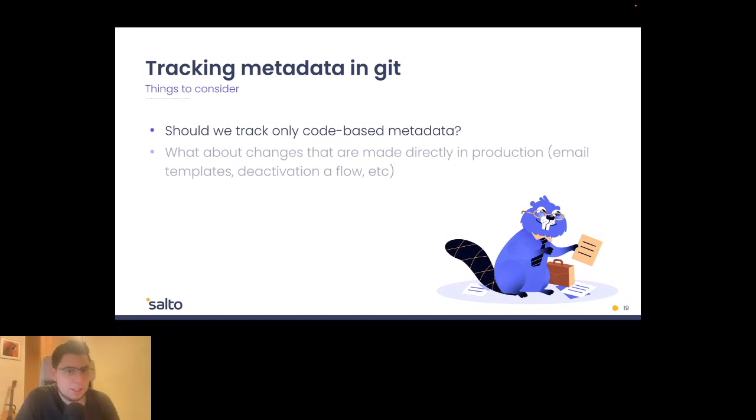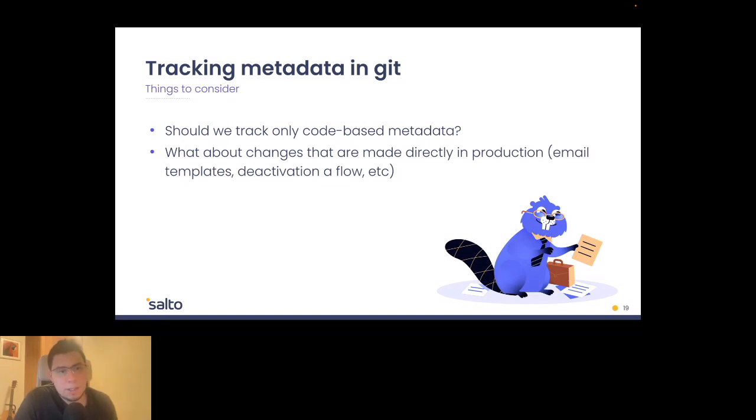And again, I know that sounds like a horrible thing to say, but some companies do make changes in production, and some changes are okay to be made in production. Like, again, in a gigantic org or a really large company, you may have business users who have been authorized to make changes to email templates, maybe changing some very specific custom object records, like CPQ records that are used for driving logic somewhere else.